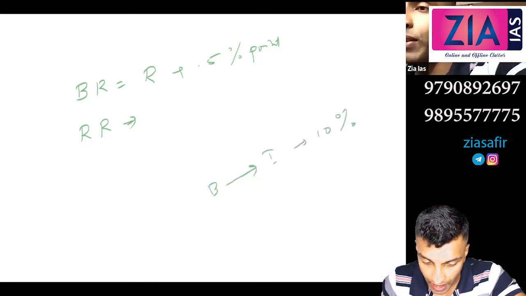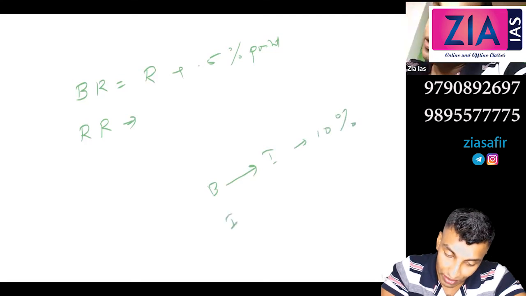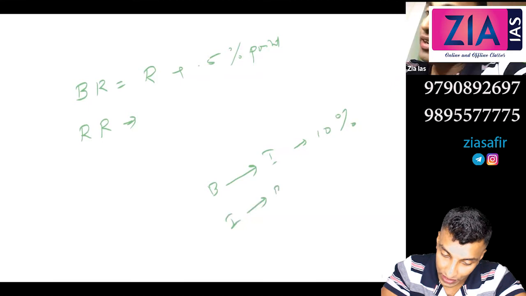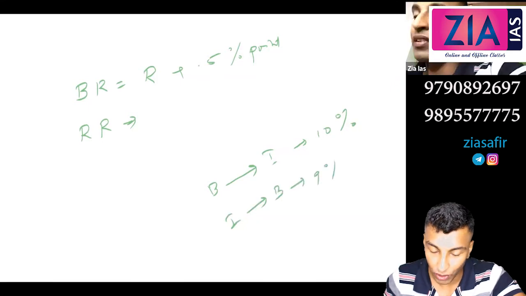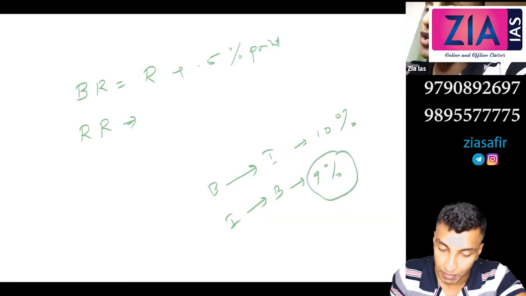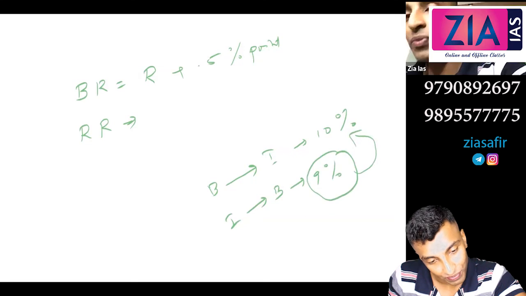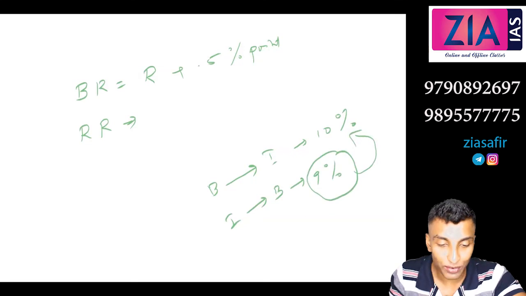And you are getting funds from the bank at 9%. You borrow from the bank at 9% and deposit in the bank at 10%, right? Yes or no? Yes, sir. That's exactly what is going to happen here.